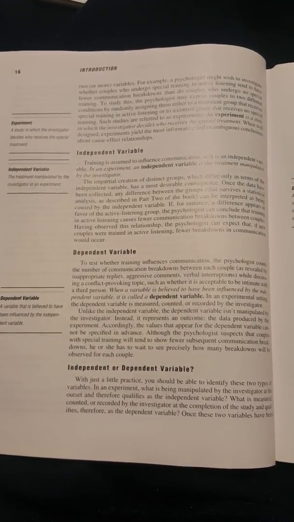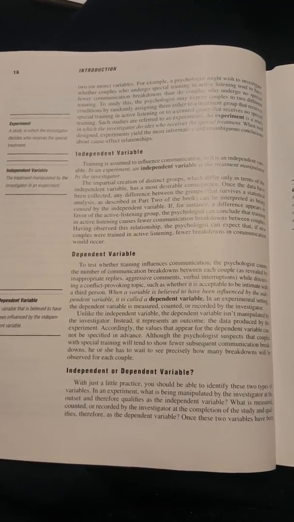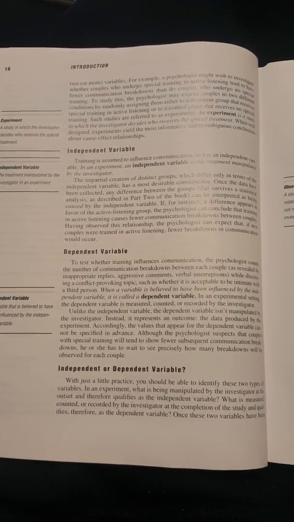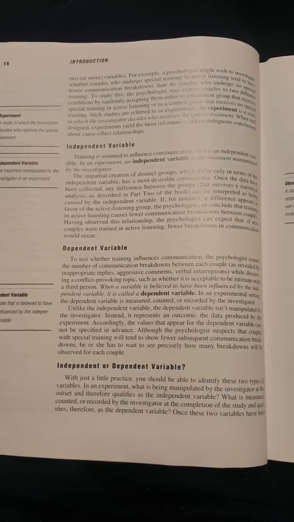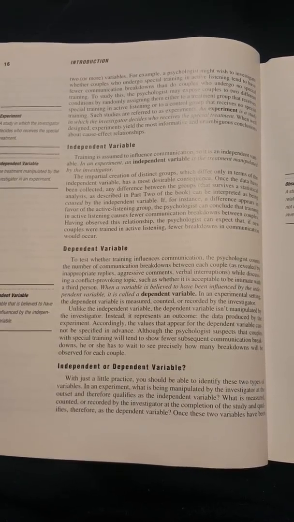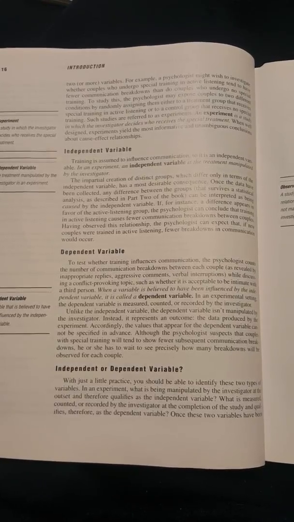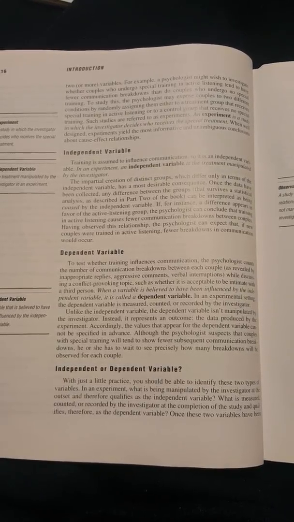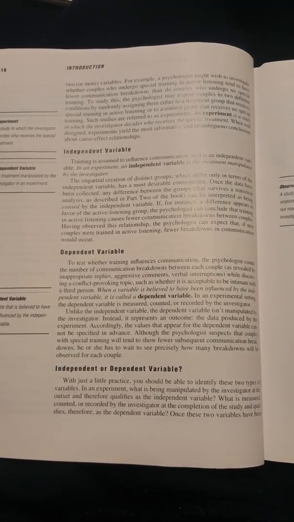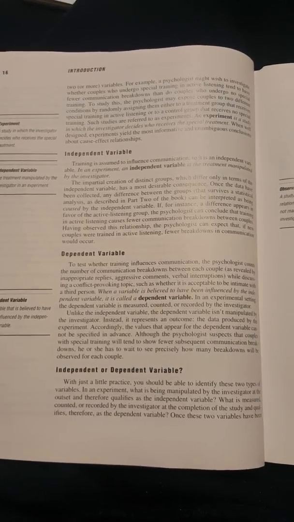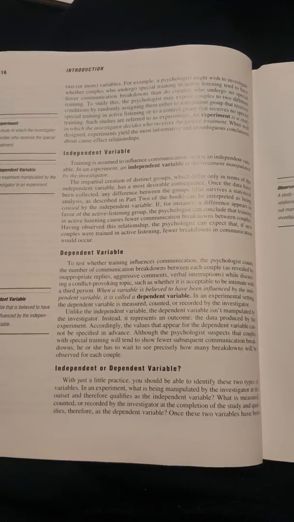So then we go to an independent variable, which is the treatment manipulated by the investigator in an experiment. So the impartial creation of distinct groups which differ only in terms of the independent variable has the most desirable consequence. Once the data has been collected, any difference between groups can be interpreted as being caused by the independent variable.